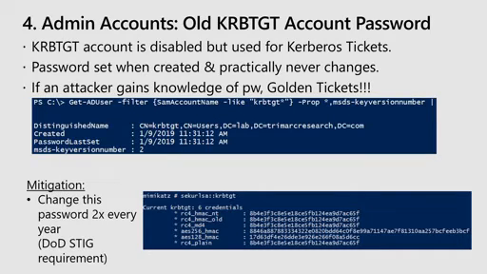So the KRBTGT is a very sensitive account in your Active Directory environment, because if anyone could guess or gather the information about what that password hash is, then they can create and forge Kerberos tickets, often referred to as golden tickets. So the problem here is, remember I was talking about backups, are they well protected?